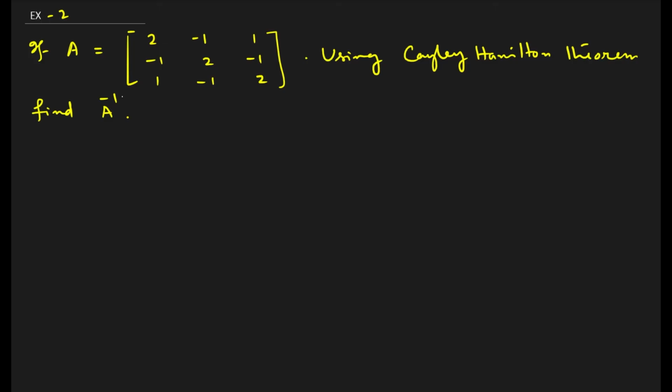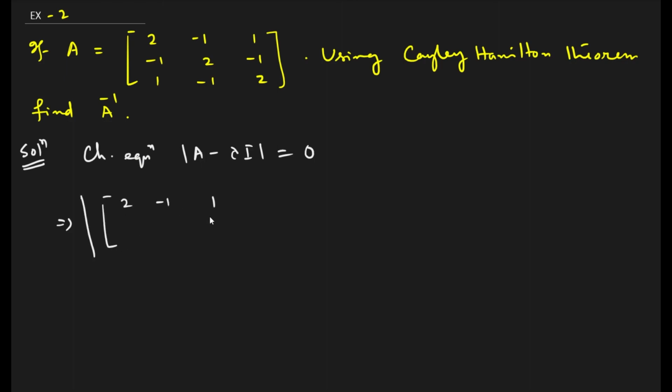First, we have to find the characteristic equation. So the characteristic equation is determinant of A minus lambda I equals 0. This implies the determinant, where our A is 2 minus 1 1, minus 1 2 minus 1, 1 minus 1 2, and lambda times our I will be 1 0 0, 0 1 0, and 0 0 1.